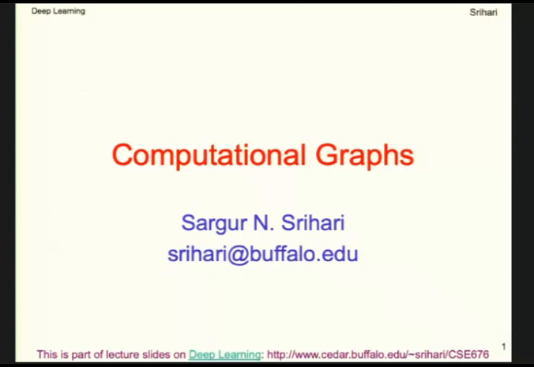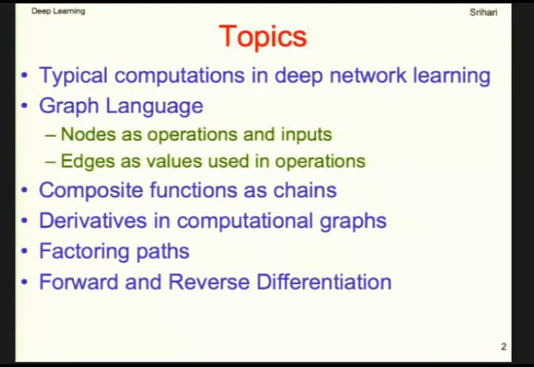Computational graphs are different from probabilistic graphical models, for instance. Here the nodes of the graph correspond to variables or operations. Very intuitive actually, but specifically we need to know how these things are.